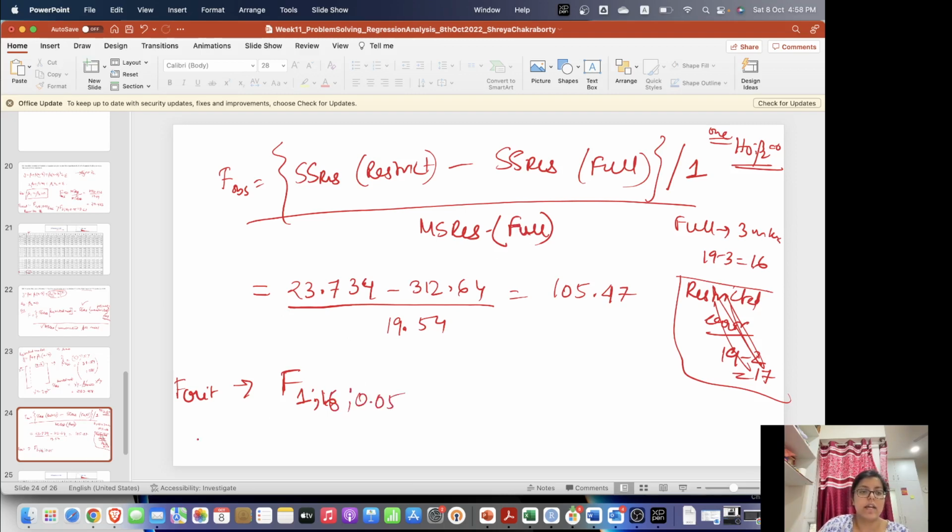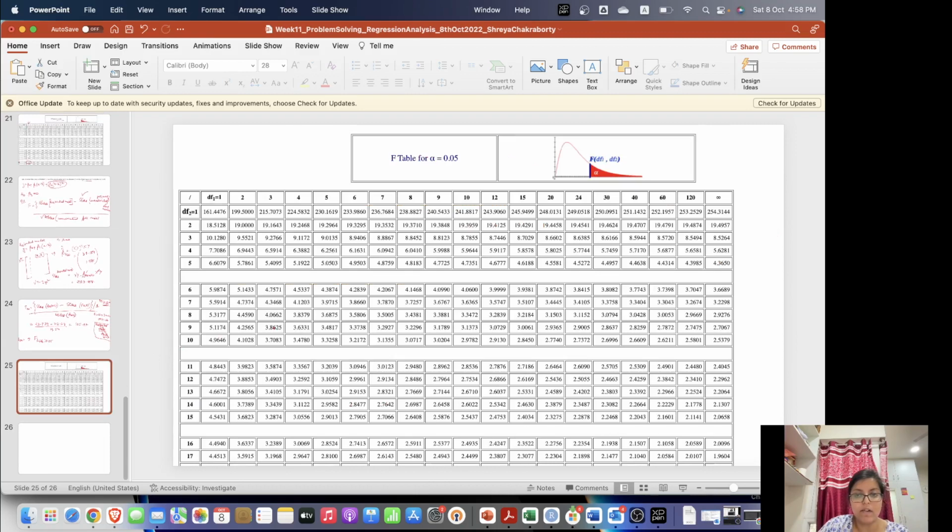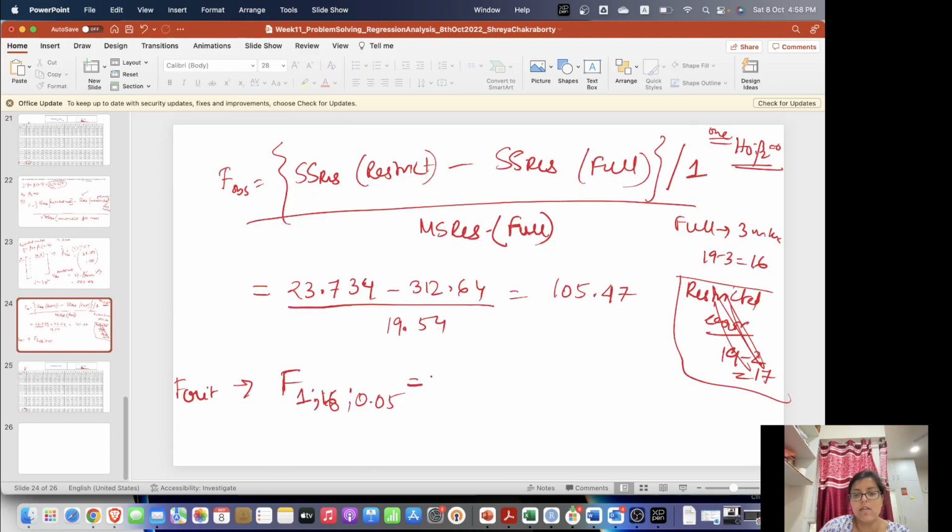At 0.05, so again we'll go back to the table. So df1, I mean this one, and then 4.49. So this is 4.49.